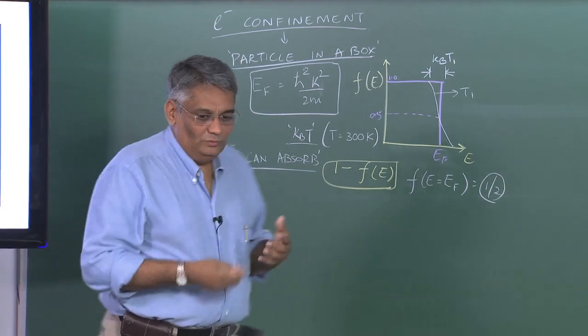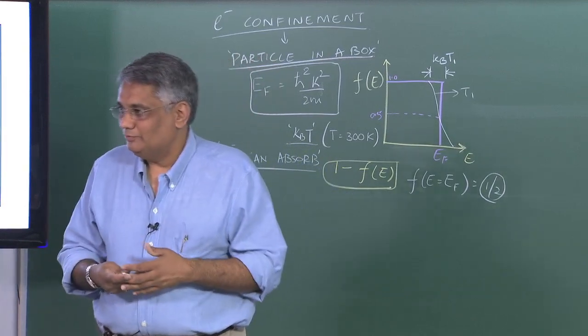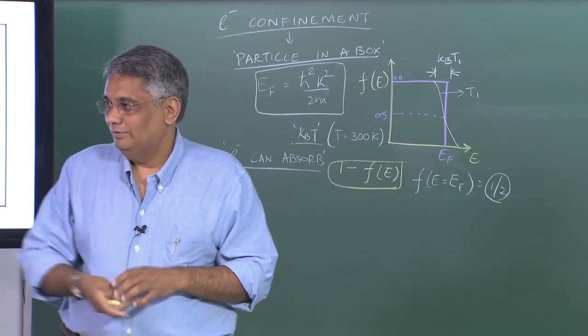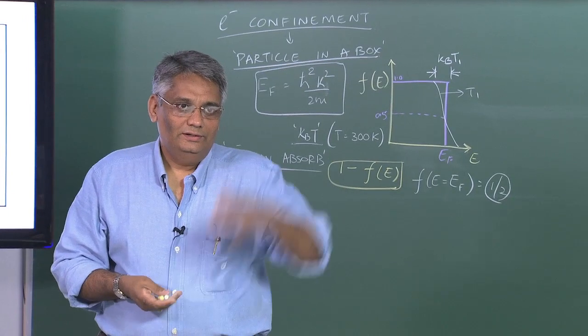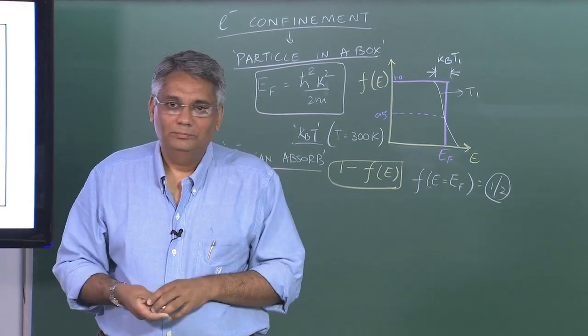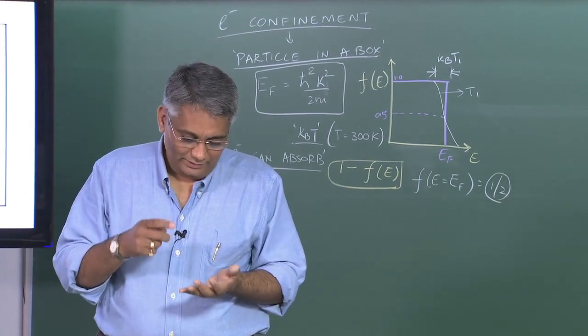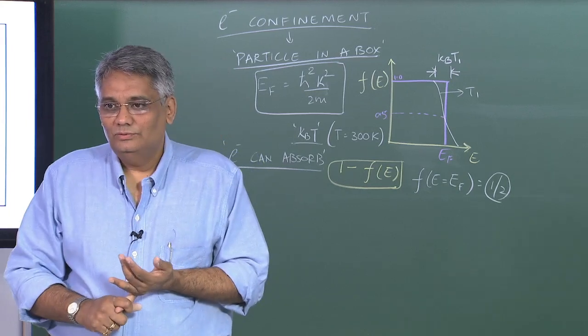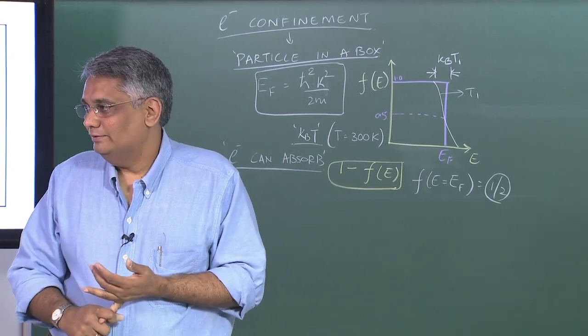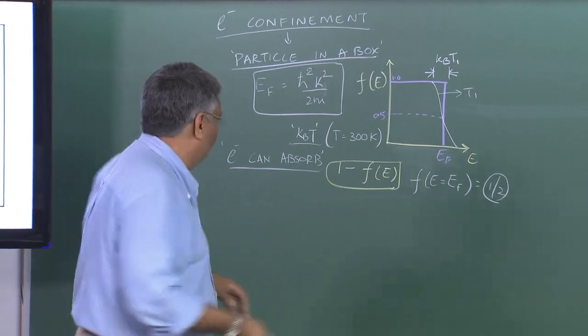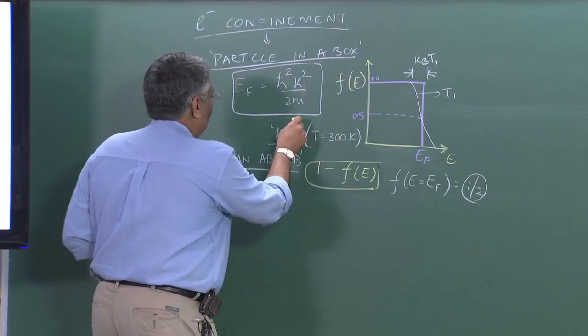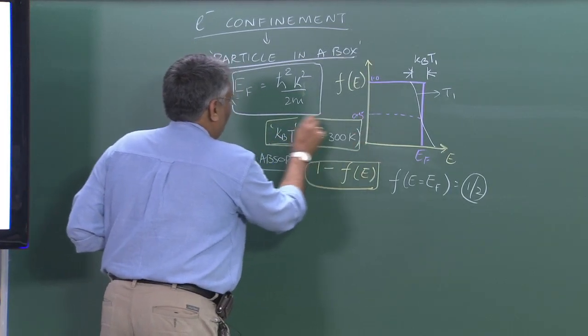Okay. So, when you dope this system, of course, you have additional levels created. These are the so-called mid-band gap states, and these can give rise to interesting conducting and optical properties. Right. So, this is a very important factor.